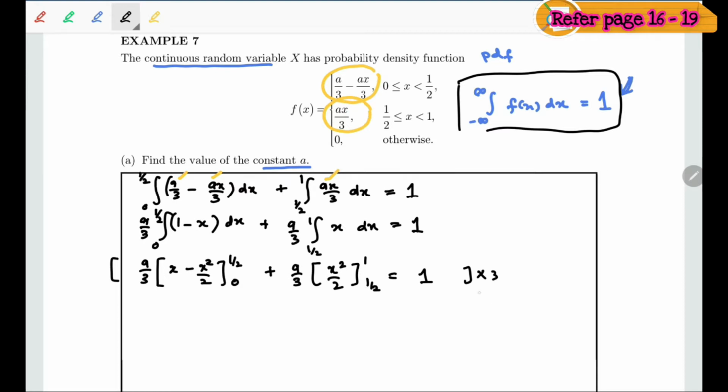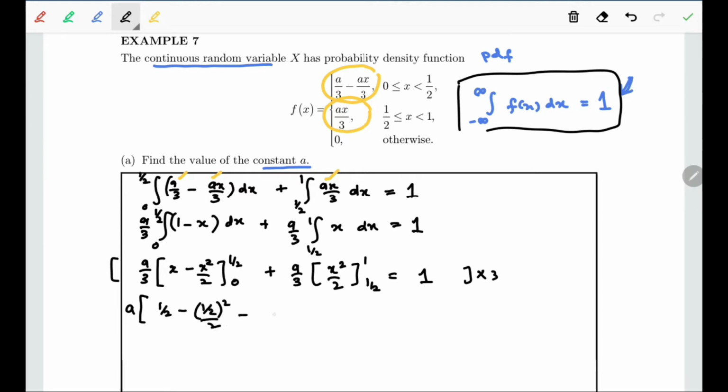After we multiply each term by 3, the denominators of 3 get removed. So we have a multiplied by the substitution of the limit, which is 1 over 2 minus 1 over 2 squared over 2, minus the substitution of 0, plus a multiplied by the substitution of the limit, so we get 1 over 2 minus 1 over 2 squared over 2, equals 3.